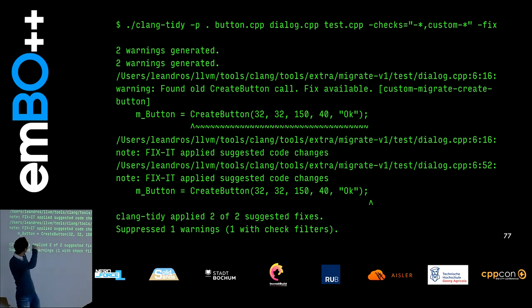And we can also see the description we put in there. And since we've already set dash fix in Clang-Tidy, Clang-Tidy will migrate it automatically with the previously created fixit hints. And it will notify us about this by saying fixit applied, suggested code changes. And then we have just the summary here, which is basically saying, hey, we found some warnings, but we applied a fix for you.